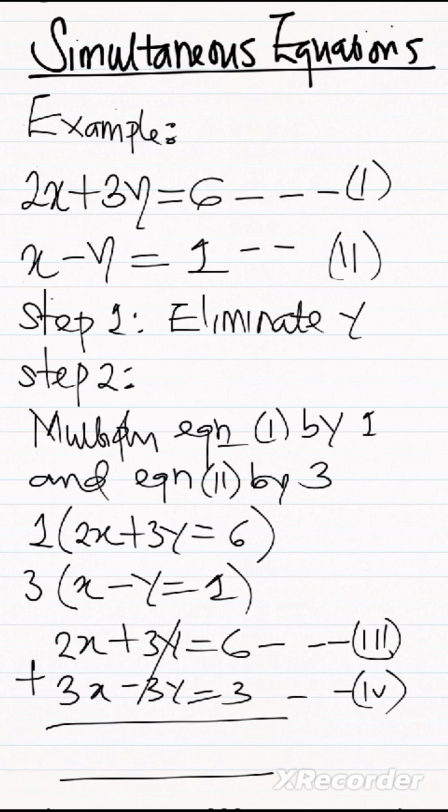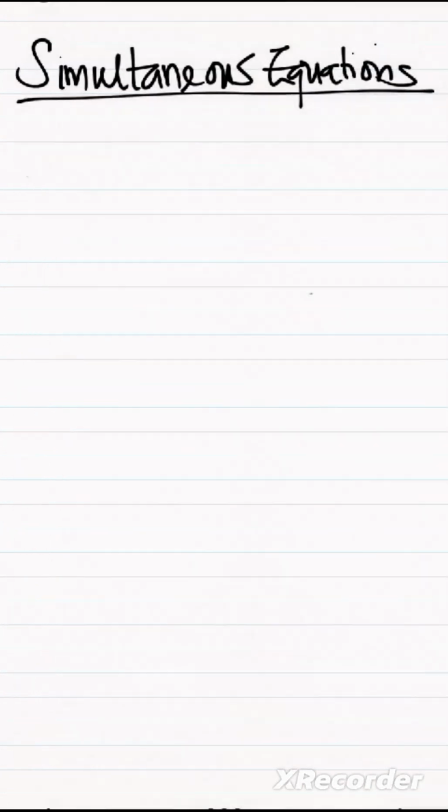We are now left with 2x plus 3x, which would give us what? 5x equals 6 plus 3. That will give us 9. Okay, so we now have 5x equals 9.